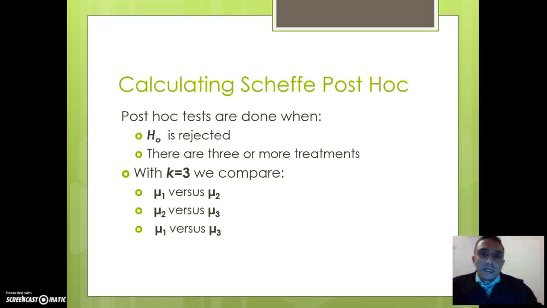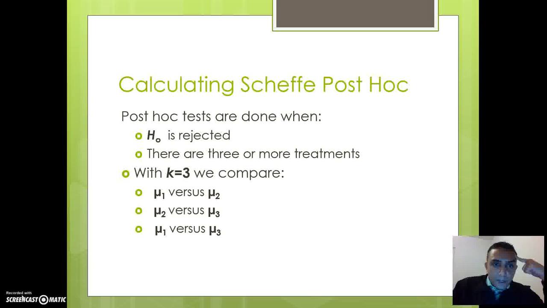In fact, the ANOVA test tells you if there is a significant difference between treatments, between groups, or not. Now, the post hoc tells you where this difference is: between group 1 and 2, 2 and 3, or 1 and 3. So that's why we conduct those tests.